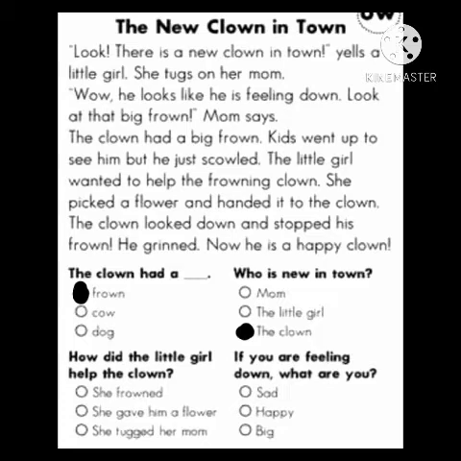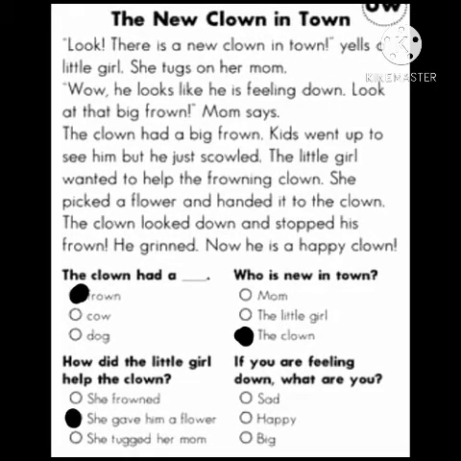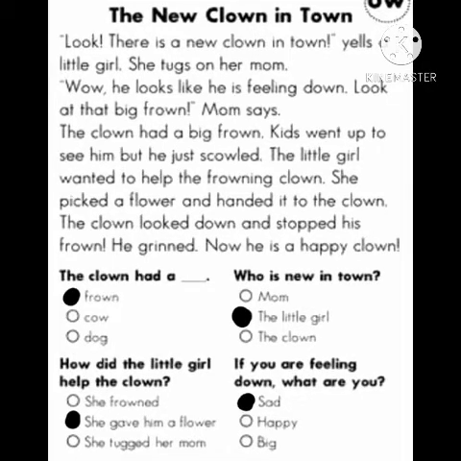She frowned, she gave him a flower, or she tugged her mom? Yes, she gave him a flower. If you are feeling down, what are you? Sad, happy, or big? Yes, you are sad.